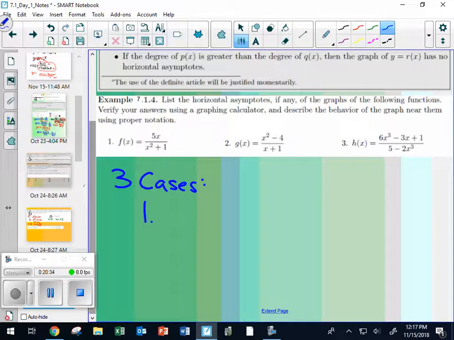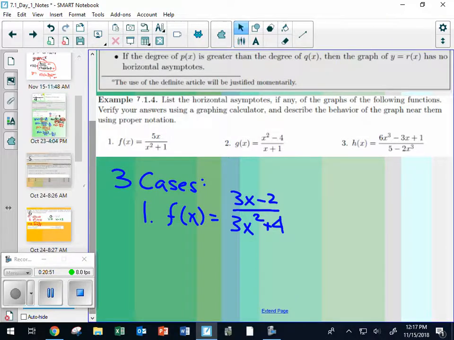Let's say our function is equal to 3x minus 2 over 3x squared plus 4. In this case, what is the degree of the numerator? It's just 1, an implicit 1.